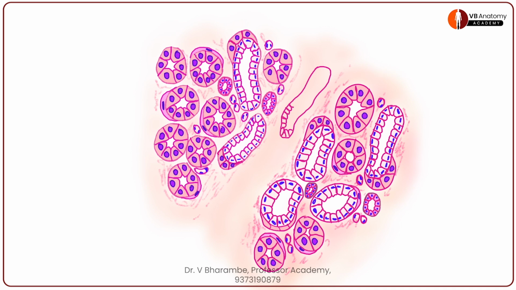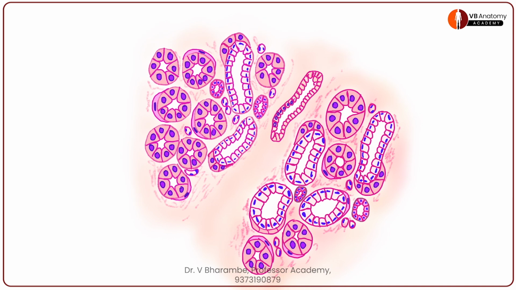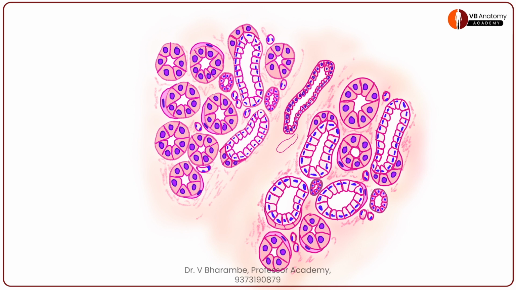So this will have tall columnar and at places stratified columnar epithelium. Draw it, color it, add the nuclei. Now let's add a few capillaries to this with the nuclei. This lower portion, I will add one more duct here.